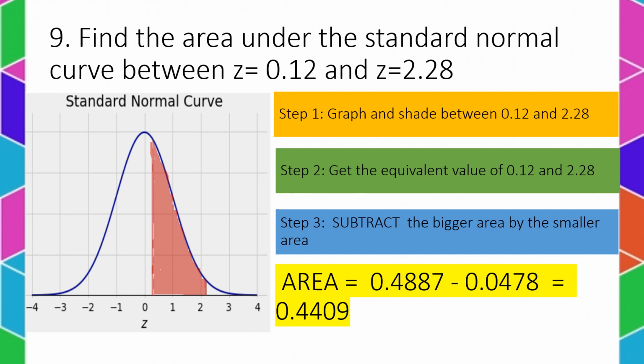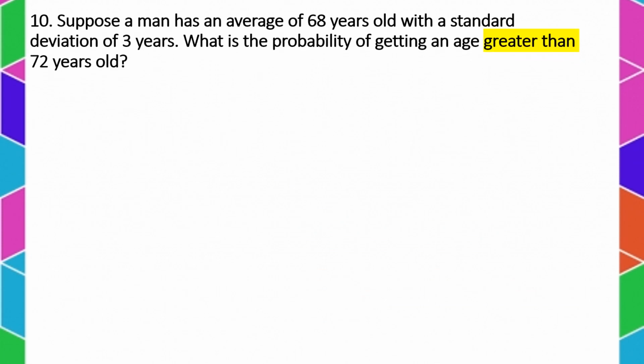And the corresponding area of 0.12 is 0.0478. Okay, na-gets ba class? So, meron tayong 0.4409 or 44.09% is the shaded region. Okay, so let us proceed to our last example.